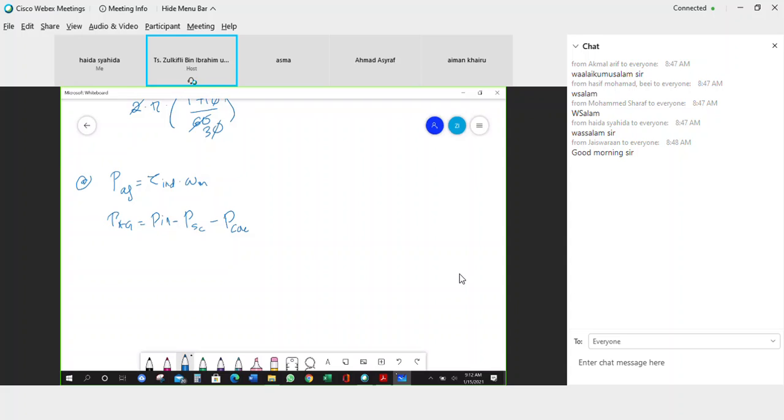Your input power here will be, you see the 480. In a 3-phase system, your power equals root 3 V line, I line, and cos theta, right? So everything you can refer here.